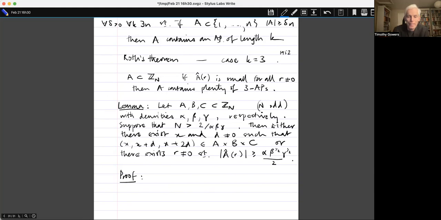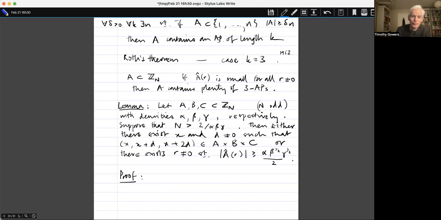Now we can think of it another way. We can say if all the Fourier coefficients are smaller than alpha beta to the half gamma to the half over 2, then we must be able to find some x and d such that this is the case. Now, that's a slightly misleading way of putting it, because we're not actually going to try to find x and d at all. What we're going to do is something that often happens in combinatorics: instead of trying to find things, you count them and show that the number is non-zero.